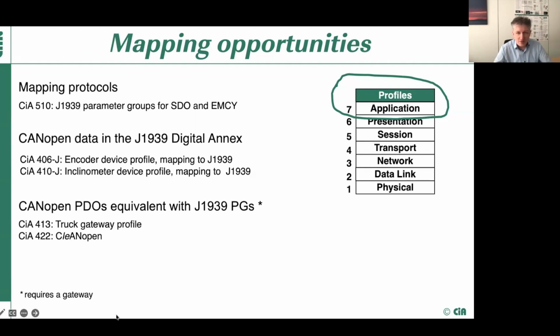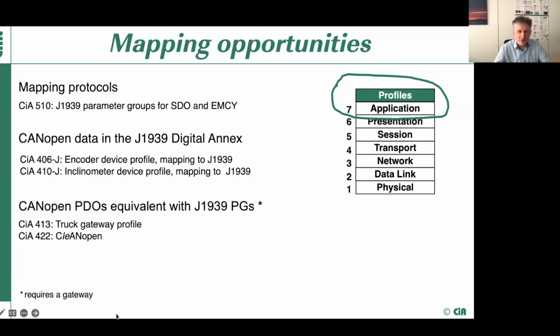As I said, J1939 is fixed configured. Things are hardwired. There are fixed names for the process data, and they are of fixed sizes. In CANopen, you have this stored in the device itself, and you have access to this with a special tool.